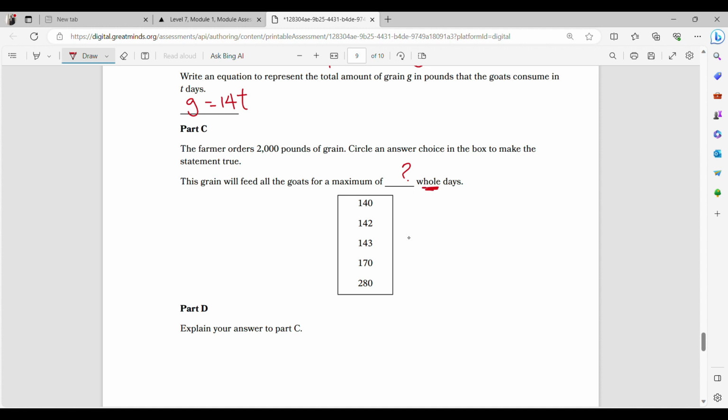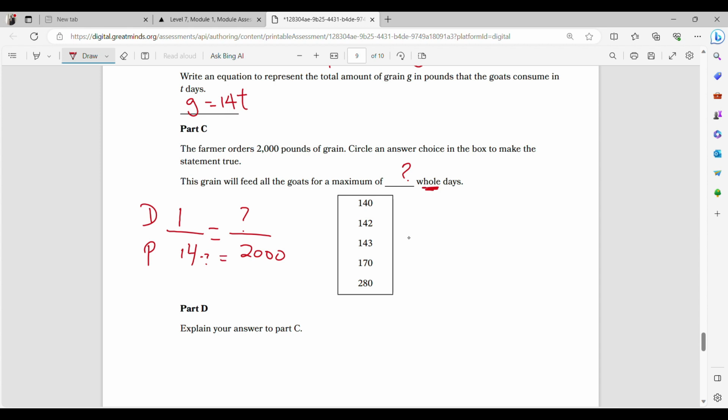The goats eat, over 1 day's time, 14 pounds of feed. So if I get 2,000 pounds of feed, how many days will it take for them to eat it? Right? So the question becomes 14 times what equals 2,000?